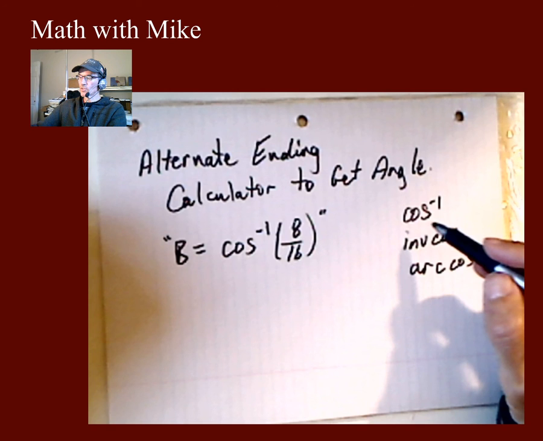Maybe a shift or something like that. But basically it's to get into the inverse functions. Usually on the upper left part. And I should show you with mine, see here, it's this one. Second.